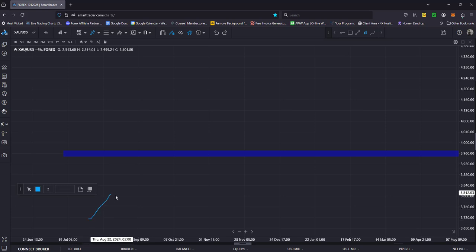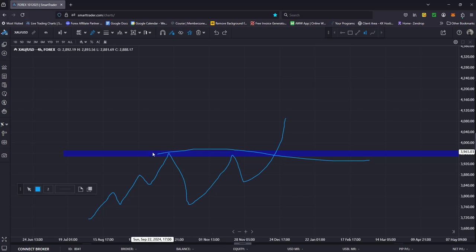If this market was going bullish like this, waving up, and it came to this level, it found resistance and the market pushed down. We came up to this level again, found resistance, and the market pushed down. But then we finally broke this level. This level here, that was previously resistance on this side here, pushing the market down.